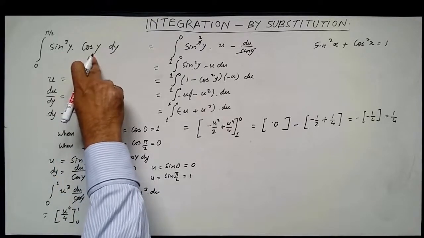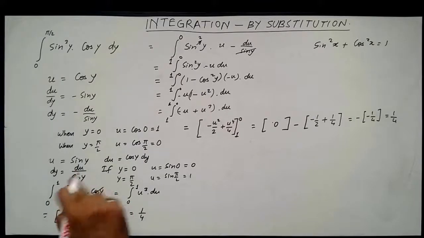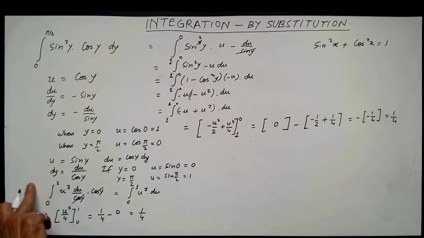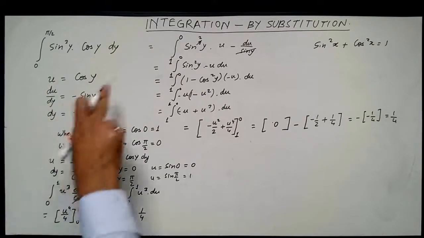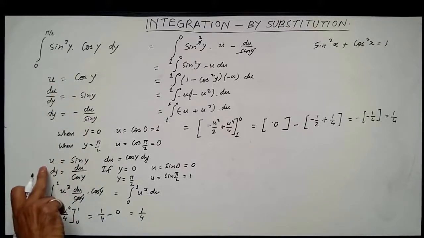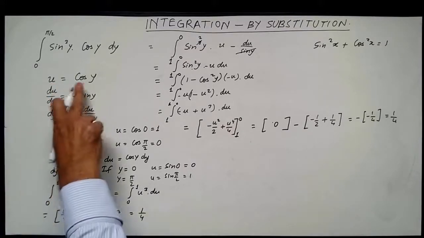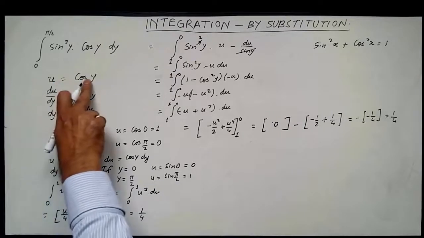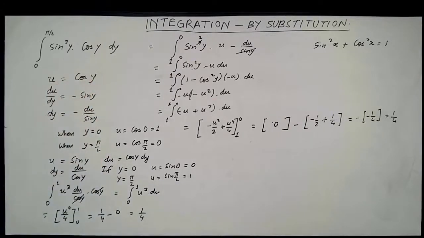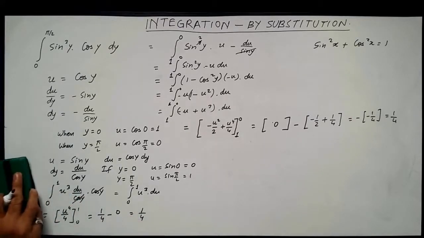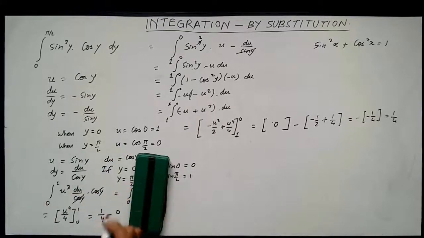In this case, replacing sin y by u is much simpler than replacing cos y by u. Okay, so it depends upon the question. Whichever way seems easy for you, you can go ahead and do it.